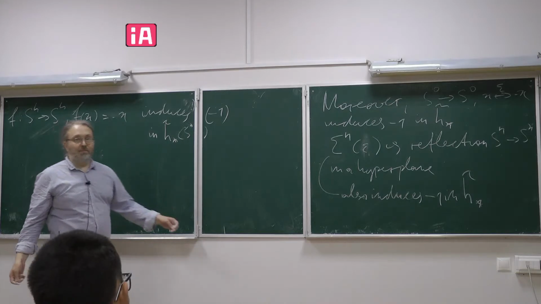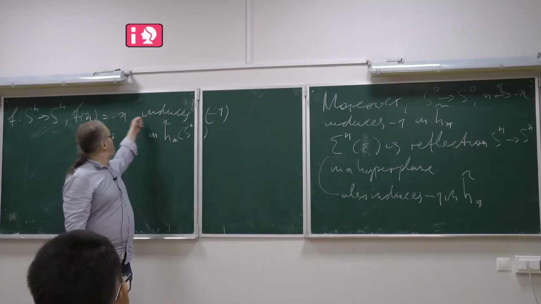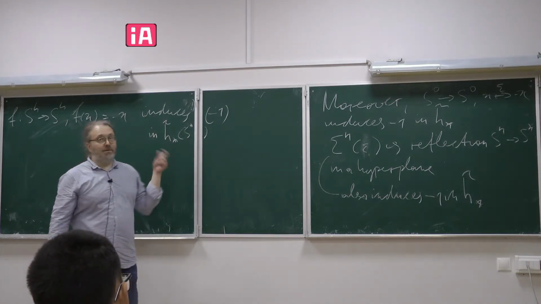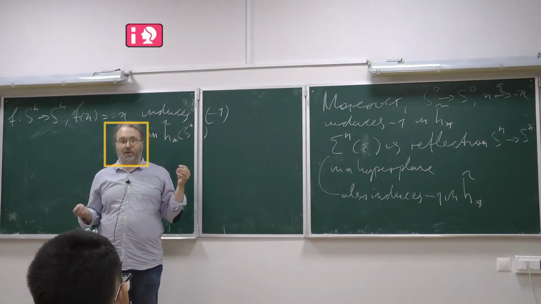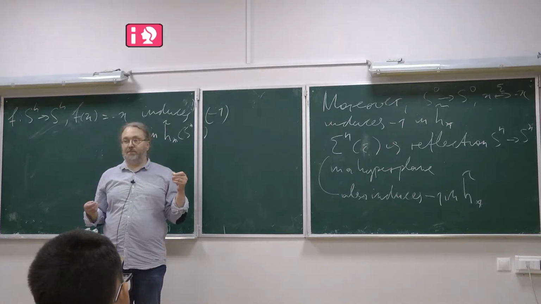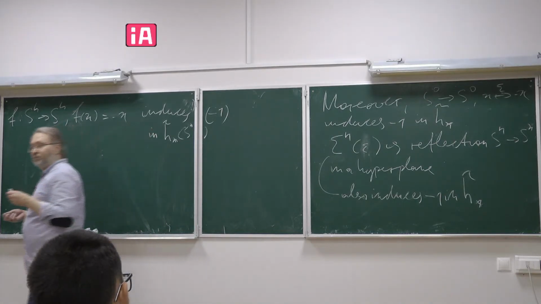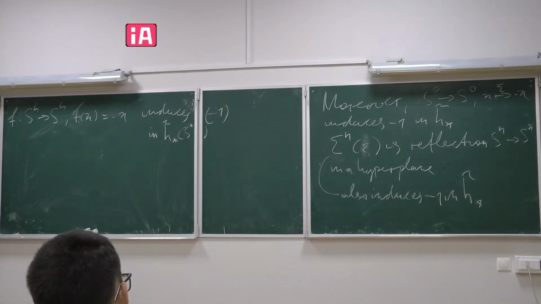And my claim is this map induces multiplication by -1 to some power. And which power?